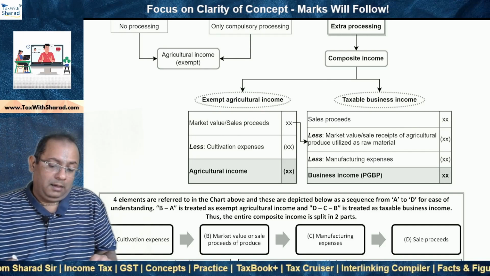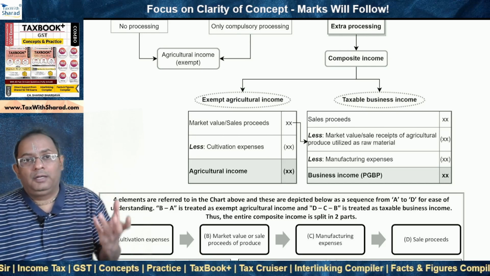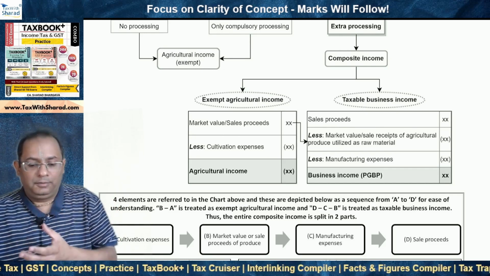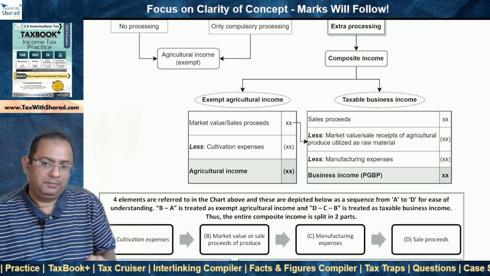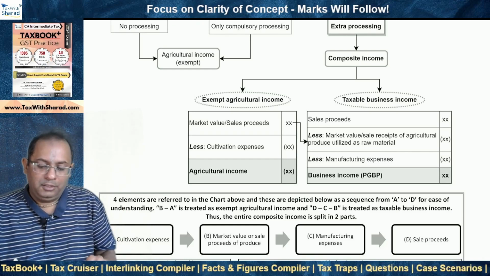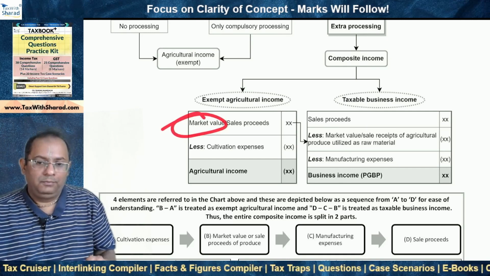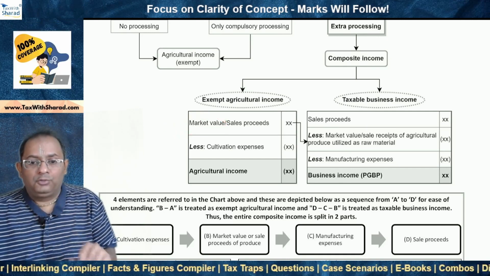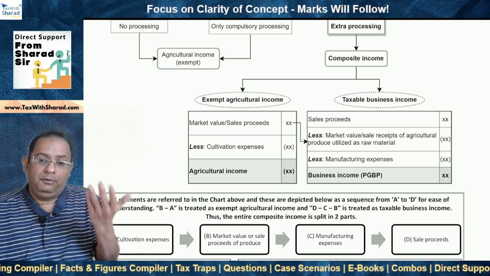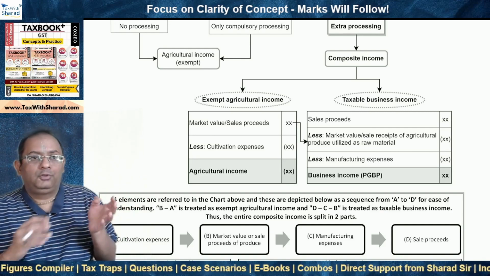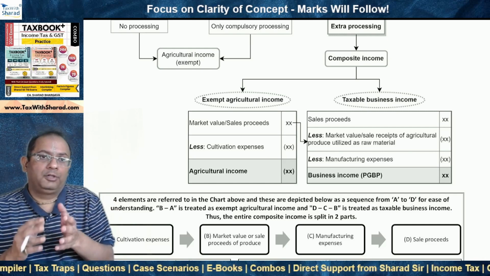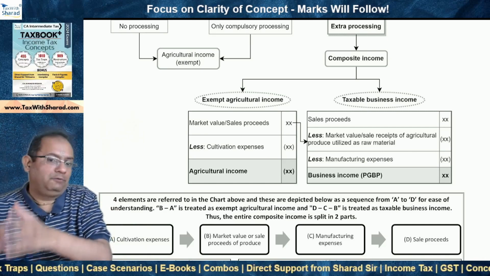Okay. Market value: say sugarcane is used to manufacture sugar. So sugarcane is transferred to the sugar factory and then sugar is manufactured. Now when we want to compute agricultural income, we want to take a notional value. Sugarcane is not actually sold in this case, but you can visualize it this way, that sugarcane is actually transferred at a notional value to the sugar factory.